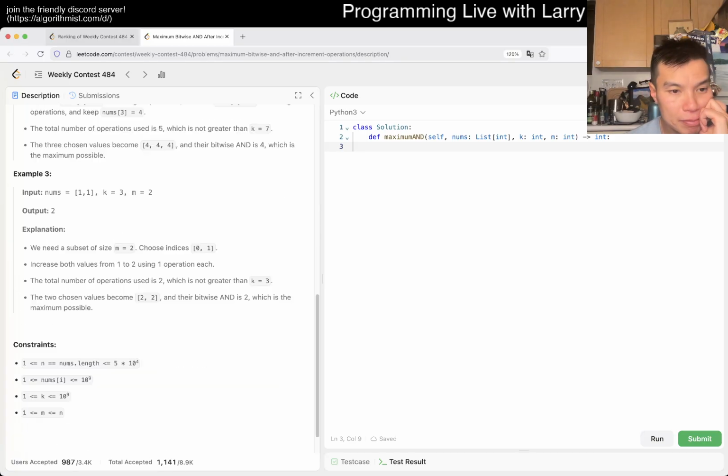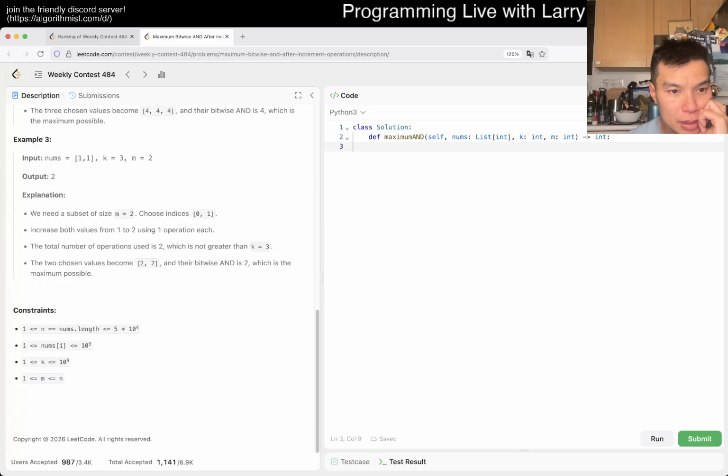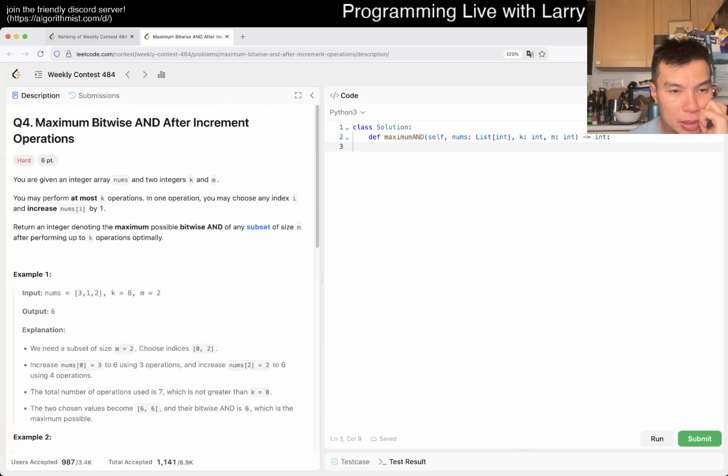Okay, and n is a decent amount. So we want greedy, maybe. I mean, we do want greedy. That's the thing. What do we want exactly? Well, we want greedy, but how do we allocate the K?